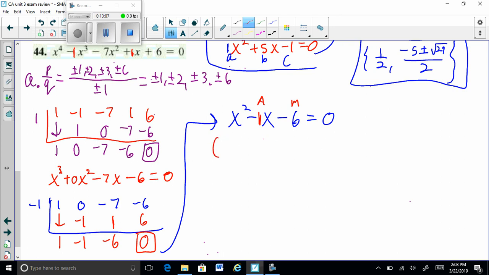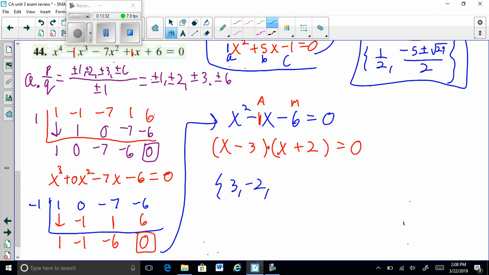That shouldn't be too difficult. All right. So I believe it's going to be a -3 and a +2. And if you were to FOIL this, it's the same thing as you have up here in blue. But what that does is that helps us figure out these solutions. So these solutions should be 3 and -2.